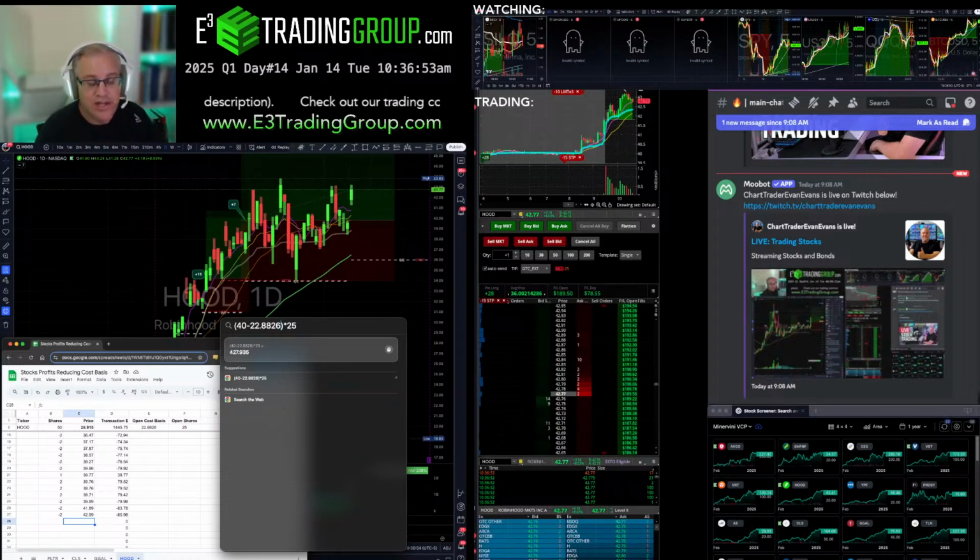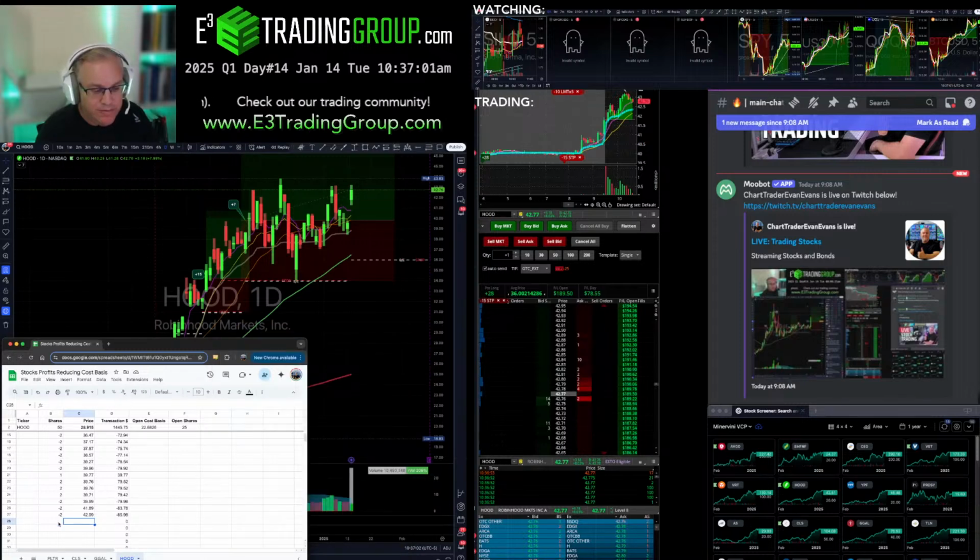Now, what I just did is we just added 3 shares on Robinhood. And so now we're going to finally be able to figure that out. So I added 1 at 43.06. Our cost basis is going up. And we added 1 at 43.07.